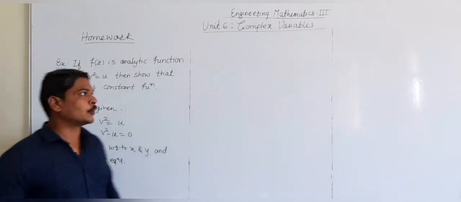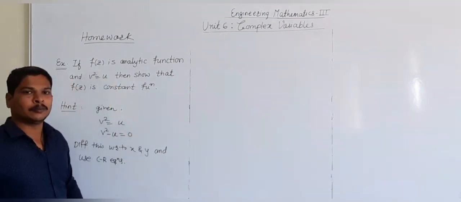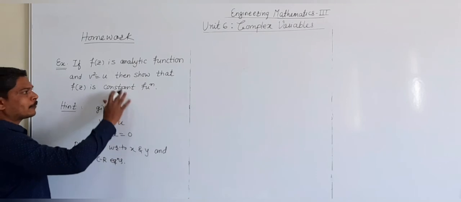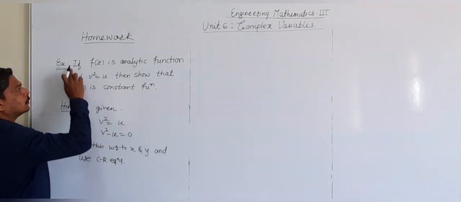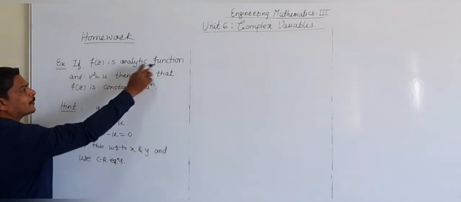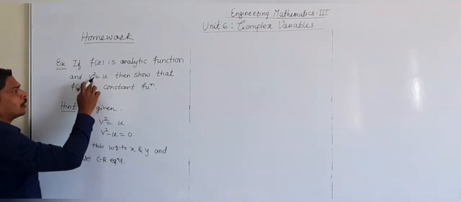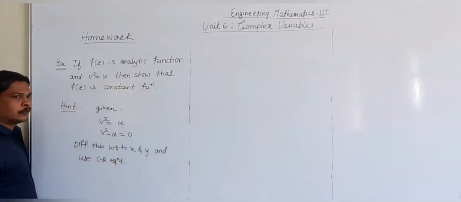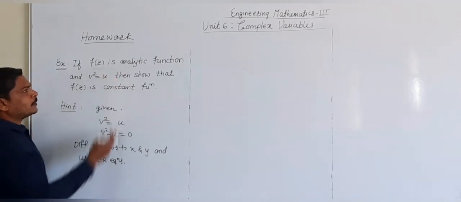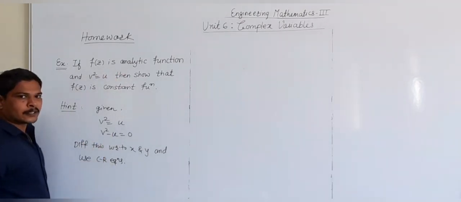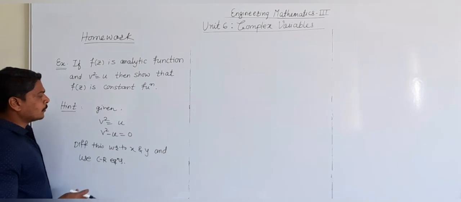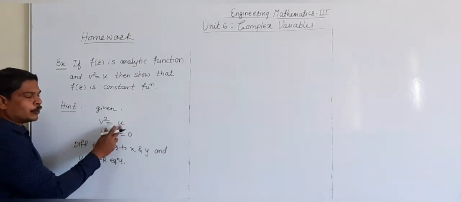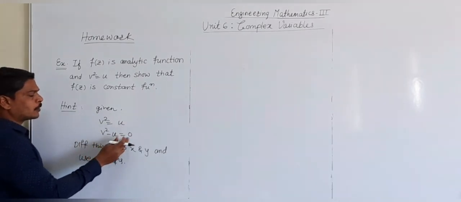All of you try to solve this example at home, which is the same as the previous two examples. Here we are given f of z is an analytic function and v square is equal to u. Then show that f of z is a constant function. So if f of z is analytic, then f of z satisfies CR conditions, and given v square is equal to u, that means v square minus u is equal to 0.